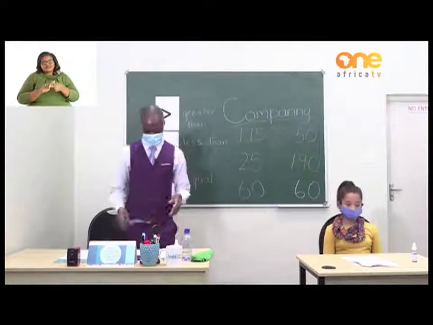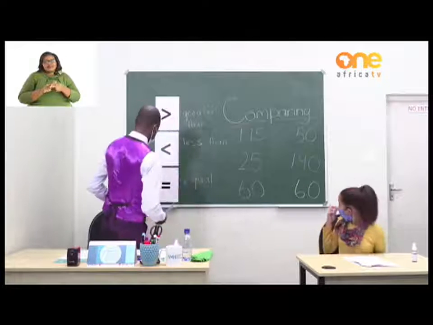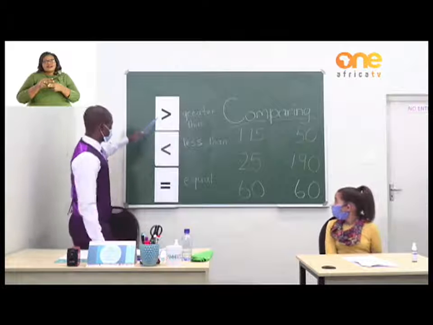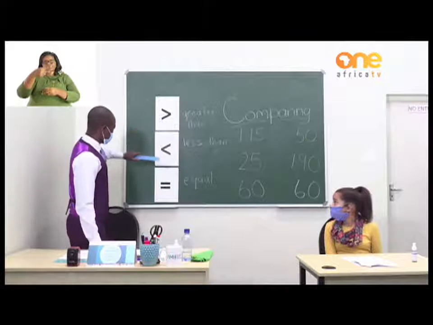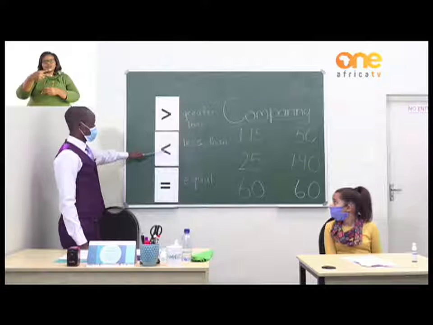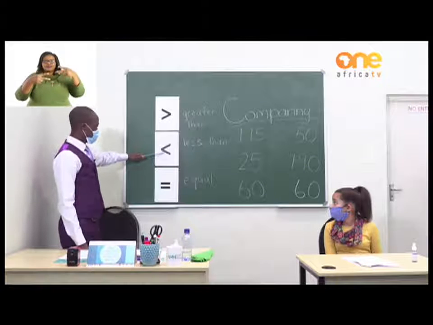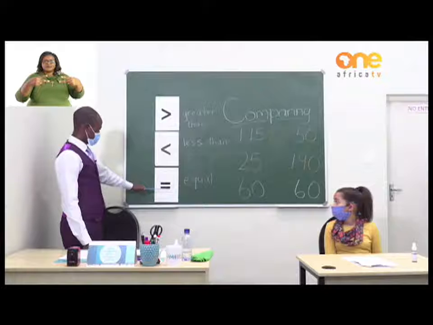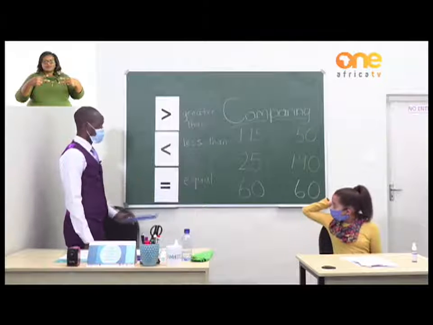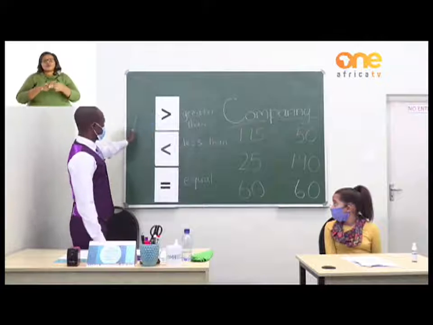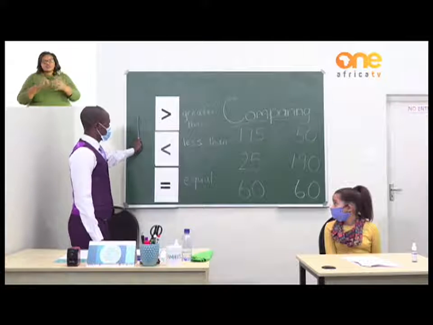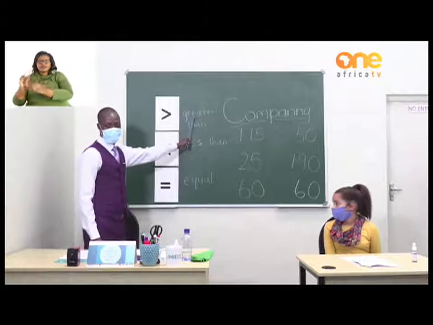These signs are the ones which we use. The first one here is called greater than. The second one is called less than. Then the last one is called equal to. We use greater than when you are starting with a big number, followed by a smaller number.